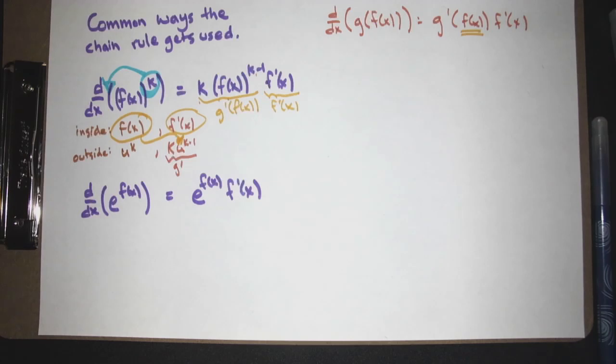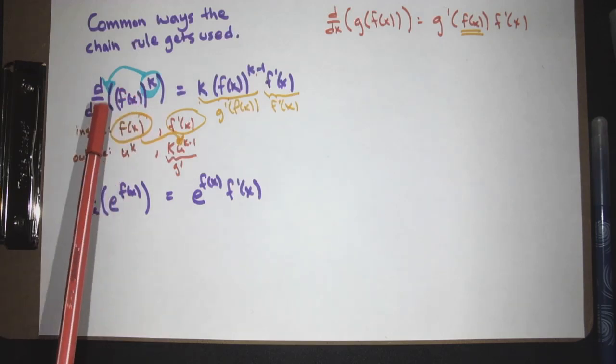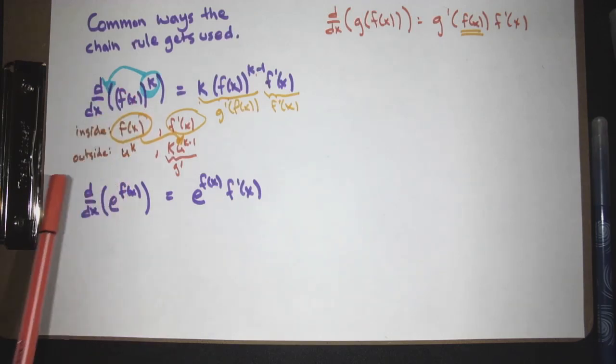Very good clue. So what I'm saying when I say we don't often write it down is we almost never explicitly write down the inside is f of x, the outside is u to the k. It's one of those things that with practice you do without thinking. That's the goal: you want to get to the point where the differentiation rules are mechanical.